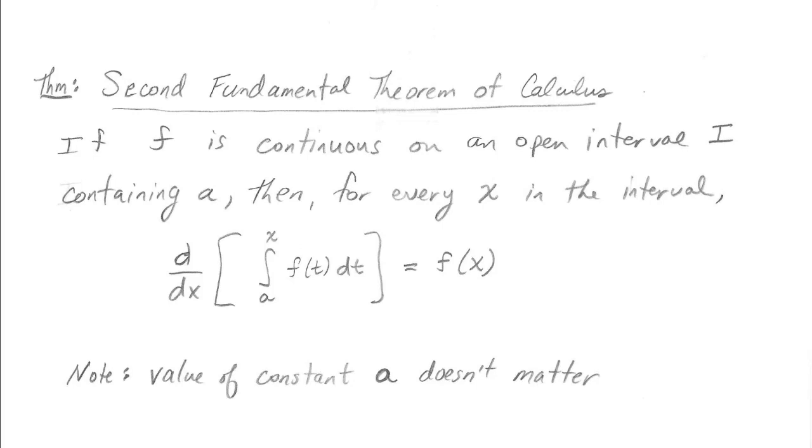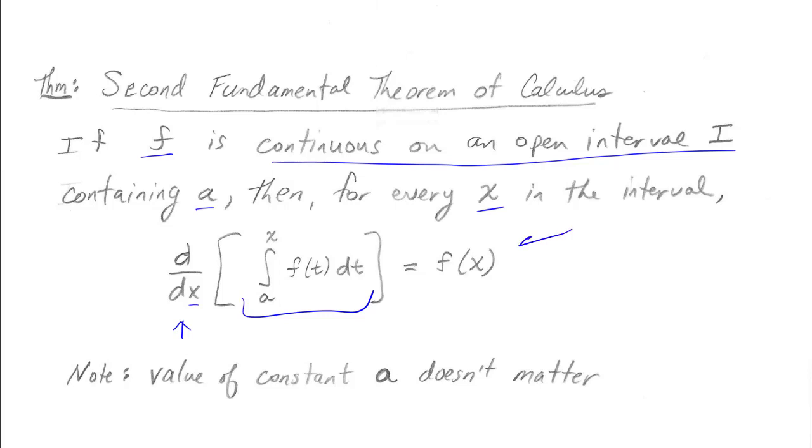We're saying, let's say if little f is continuous on an open interval I containing this a, then for every x in the interval, the derivative with respect to x of this integral function a to x of f of t dt actually comes out to just be f of x, the little f of x.